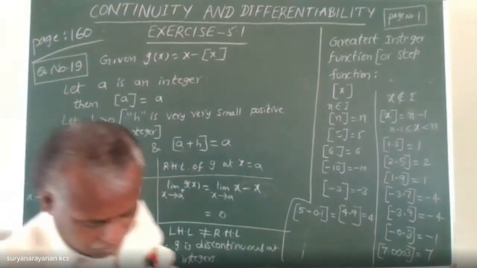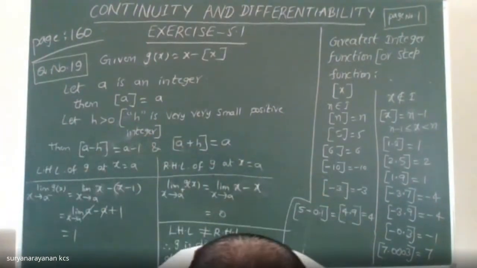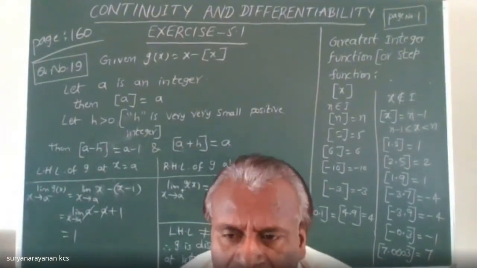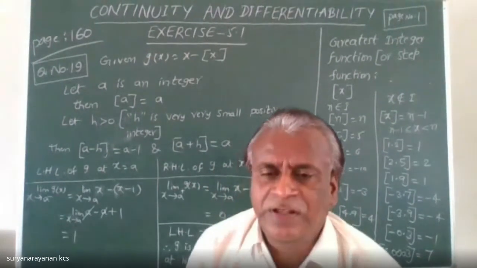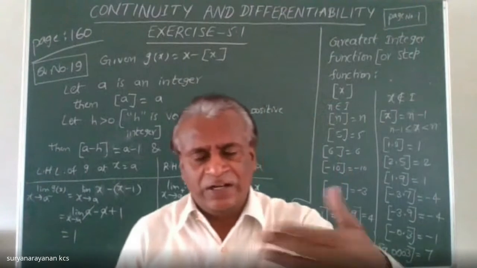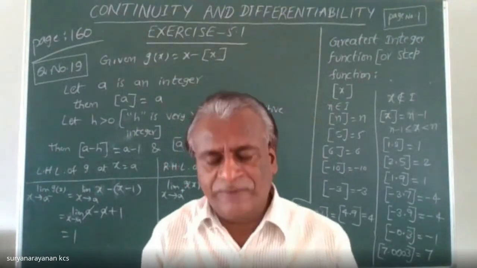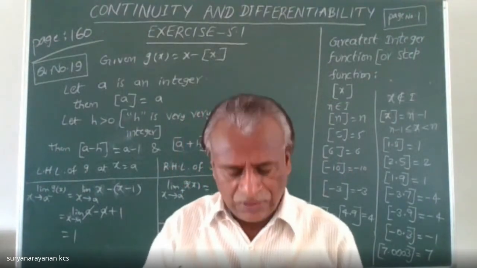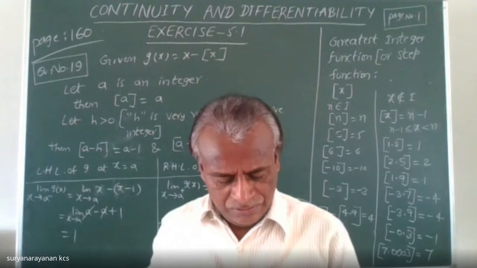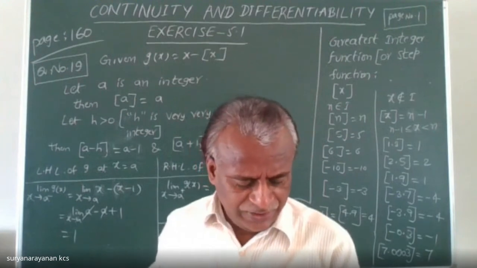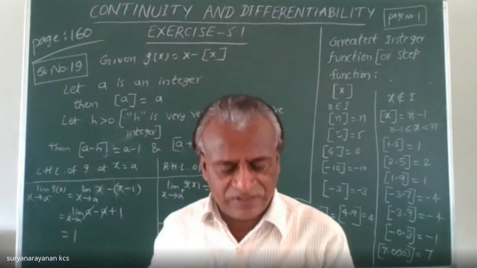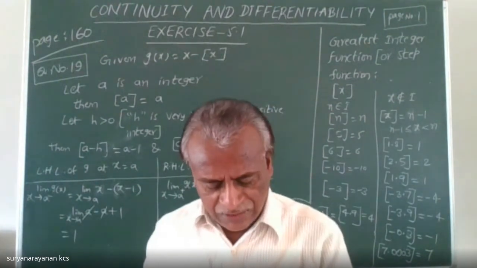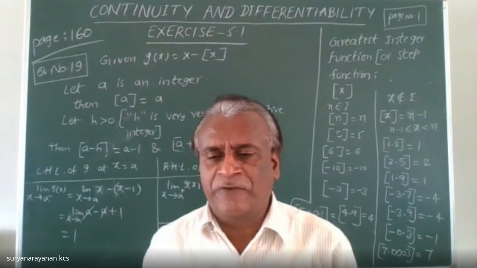Yes. Now come to question number 20. Directly find the limit of that function. See, question number 20: is the function defined by f of x is equal to x square minus sin x plus 5 continuous at x is equal to pi?